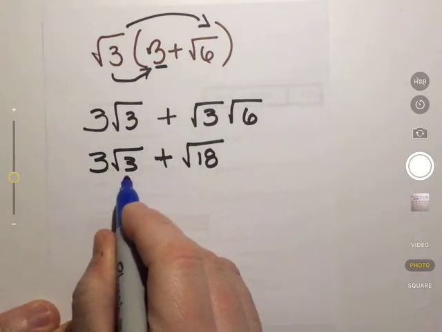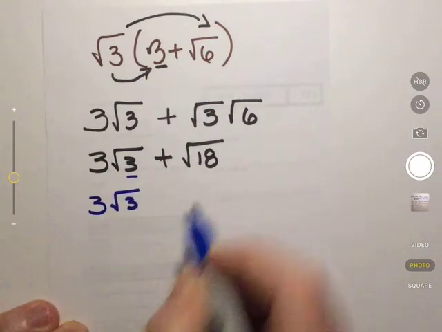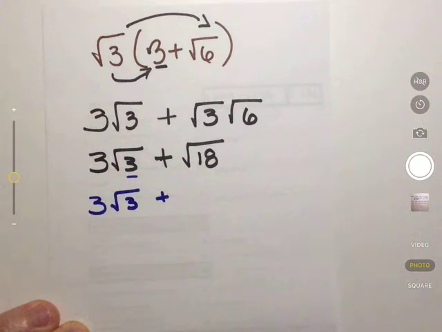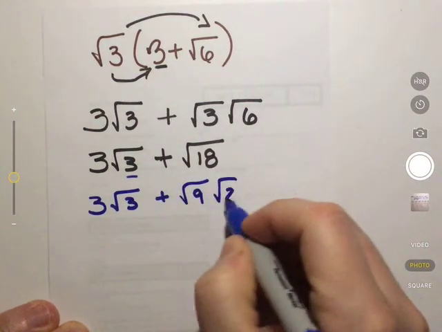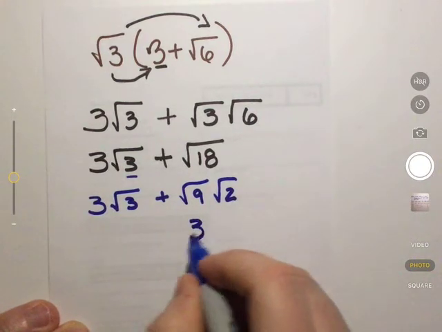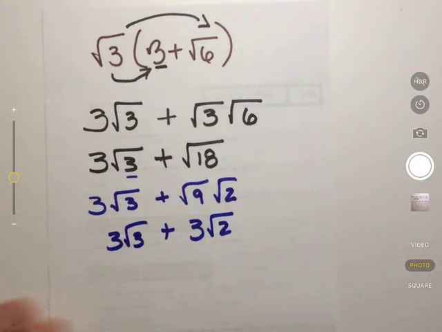This cannot be simplified as it's not a perfect square, and no perfect square goes into it. 18 has the perfect square of 9. So that would be simplified as 3 times the square root of 2.